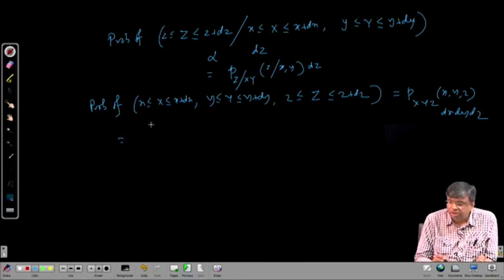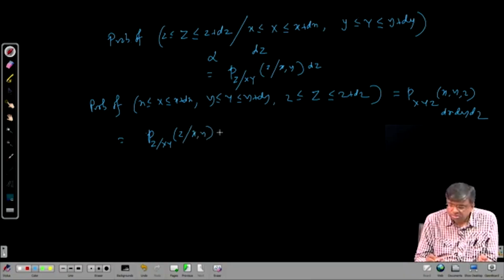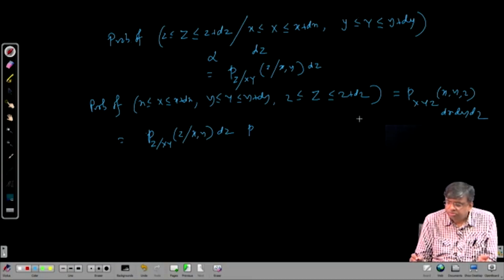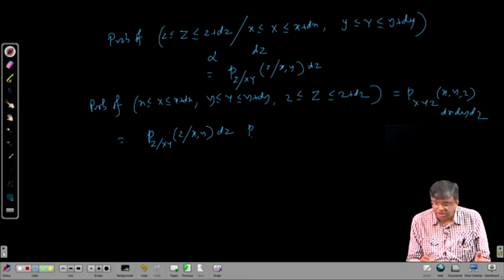Okay. So, that will be this probability, this chance factor, then this happening together means joint density, x lying here, y lying here.